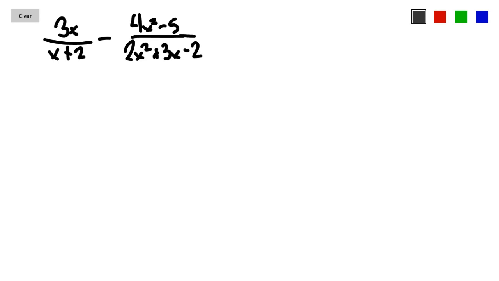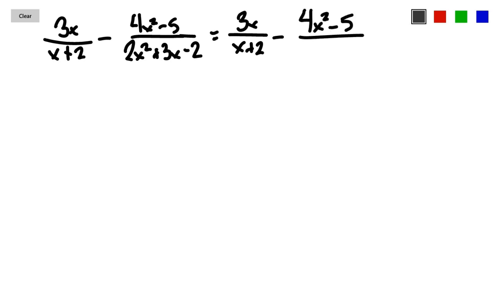Okay, so the first thing that I'm going to do is see what I can factor out of both of these fractions. And so I've got a quadratic term on the bottom of the second fraction that does factor. So when I factor the second denominator out, I end up with a 2x minus 1 times an x plus 2 on the bottom.